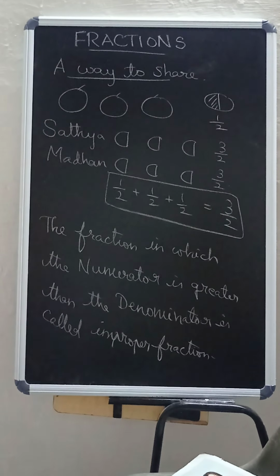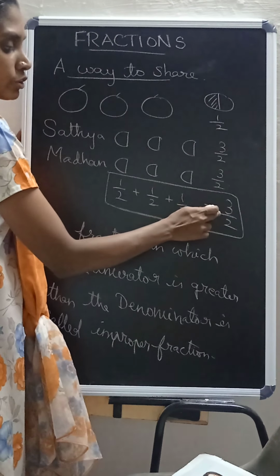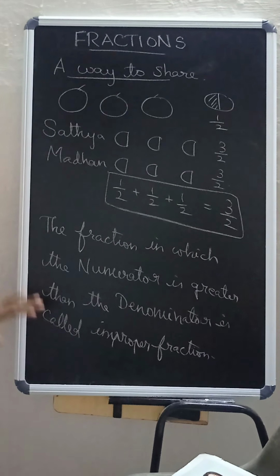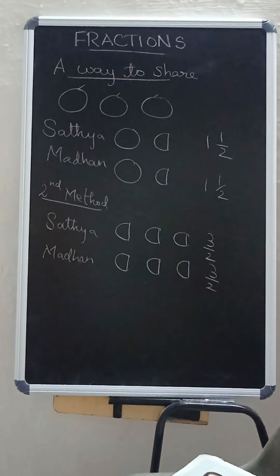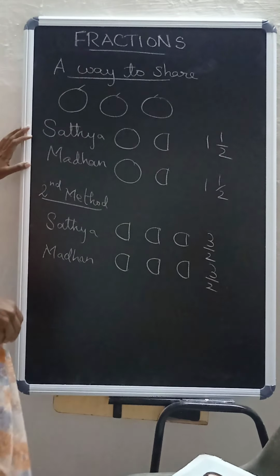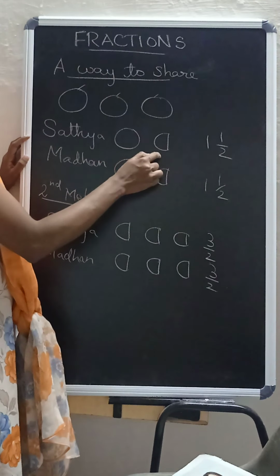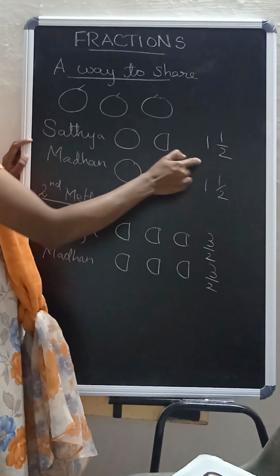The fraction in which the numerator is greater than the denominator is called an improper fraction. So this 3 by 2 is called an improper fraction. So now see, in the first method, Satya split it as 1.5, 1 whole and a half.